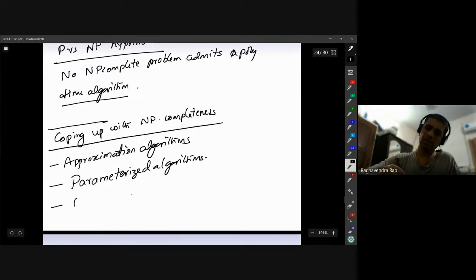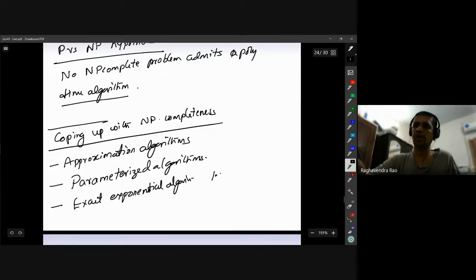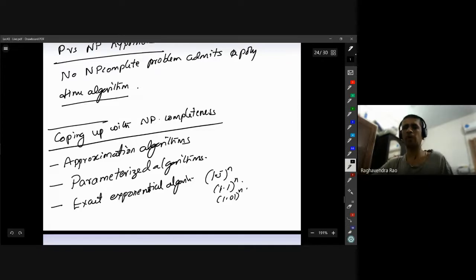And there are exact exponential algorithms. Particularly, instead of 2 power n, can I have 1.4 power n or 1.1 power n and so on. In fact, if you can prove something like a 1.01 power n algorithm for satisfiability, it's reasonably fast. The best known is 2 power n.